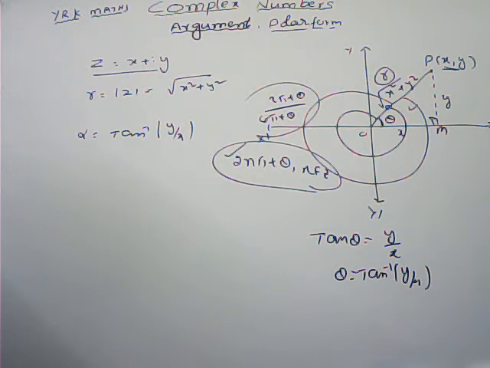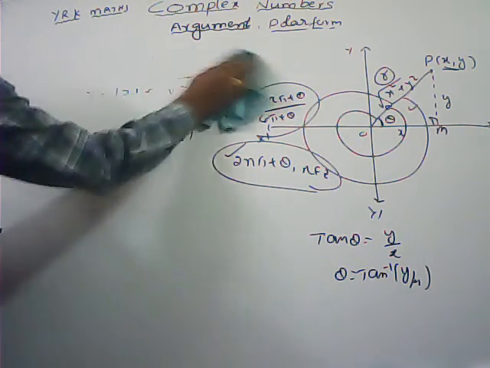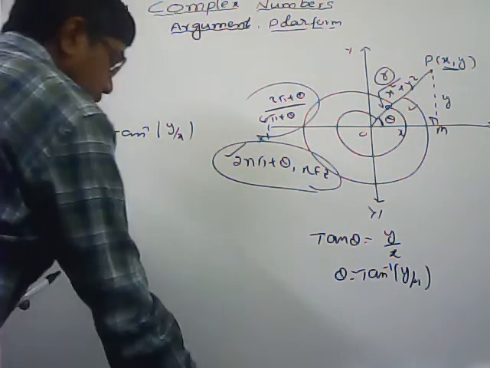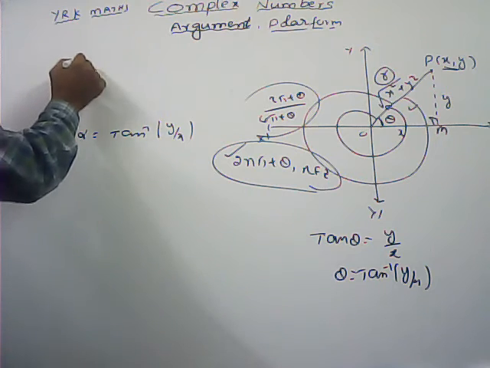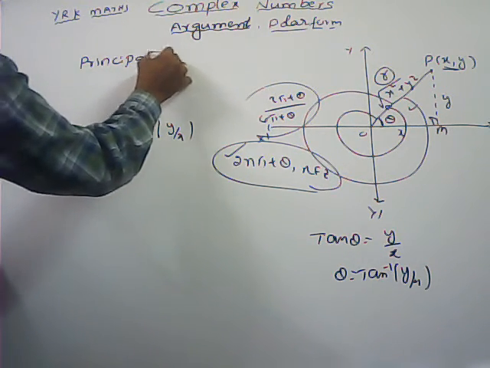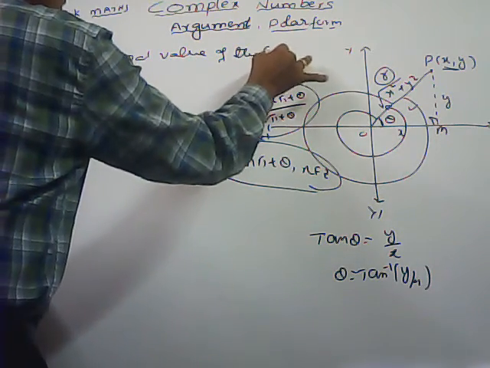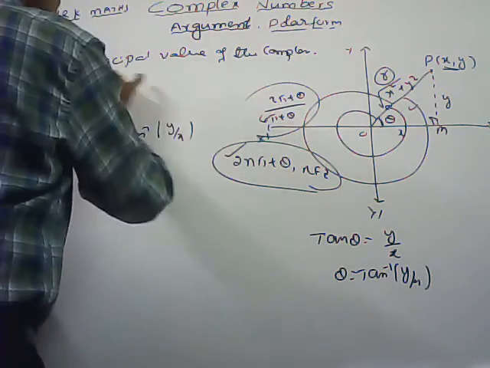So many are there, infinite are there. If I want the principal value of the argument of a complex number, that is unique only.